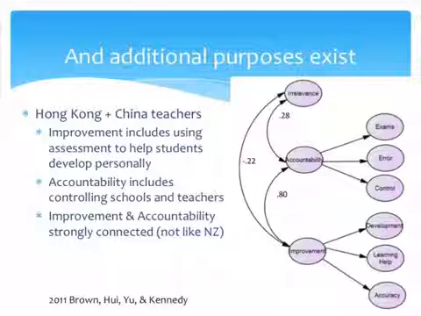And yet, improvement was negatively correlated with irrelevance, meaning improvement we believed in, because the opposite of irrelevance is relevance. Whereas accountability they kind of disagreed with. They don't want accountability. So even though they have a long-standing tradition of exams, they didn't really feel comfortable with using exams to hold schools under control and to determine what schools and teachers did. So there are some interesting tensions in societies.